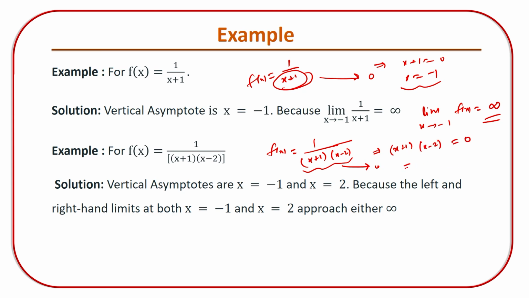This will give me either x equal to -1 or x equal to 2. These are the 2 points, these are the 2 straight lines. So x equal to -1 and x equal to 2 are our vertical asymptotes, for which f of x approaches infinity.